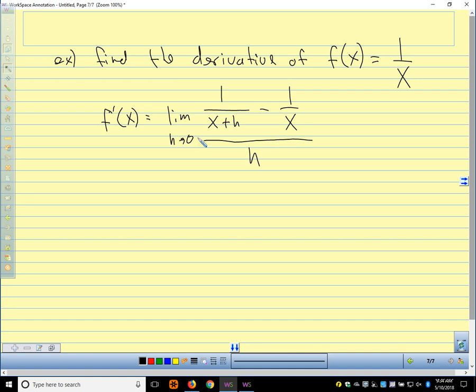Didn't we do some homework problems like these just the other day? What do we have to do here? We need to subtract these two fractions. So we need a common denominator in the numerator. So I'm going to multiply this by x plus h over x plus h. And I'm going to multiply this by x over x.